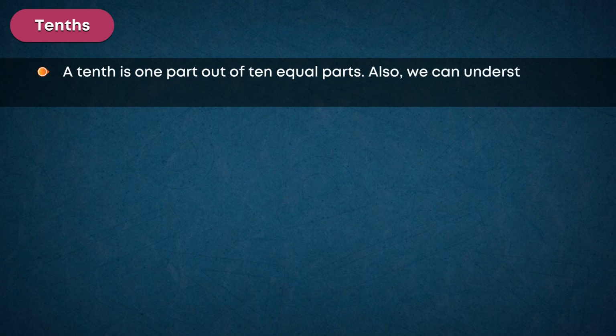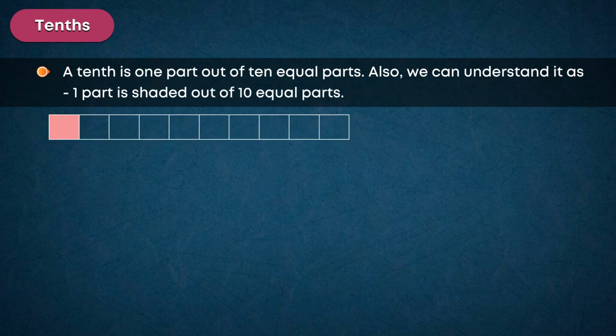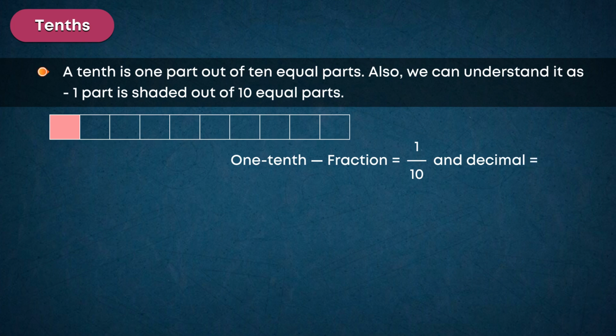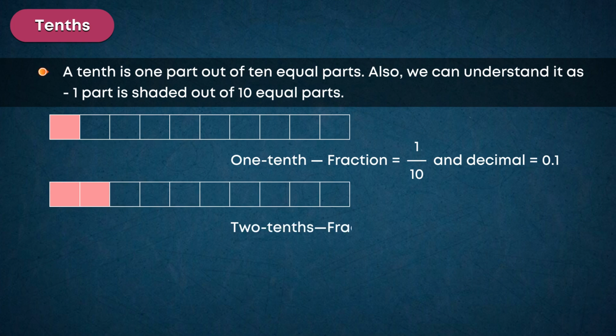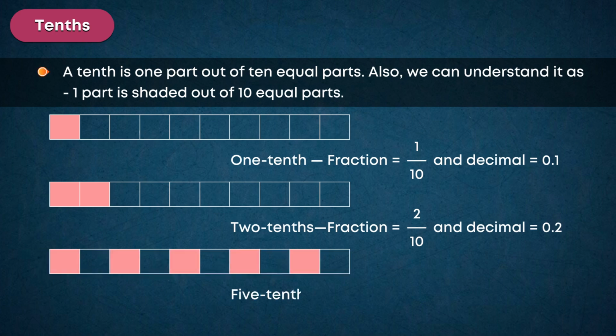Also, we can understand it as one part shaded out of 10 equal parts. 1/10 fraction is equal to 1 by 10 and decimal is equal to 0.1. 2/10 fraction is equal to 2 by 10 and decimal is equal to 0.2. 5/10 fraction is equal to 5 by 10 and decimal is equal to 0.5.